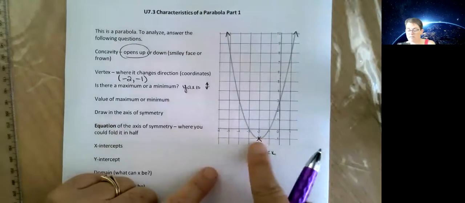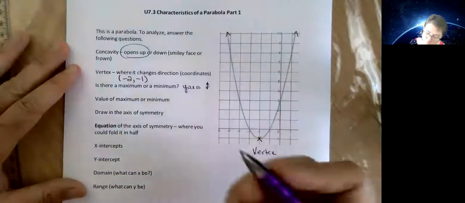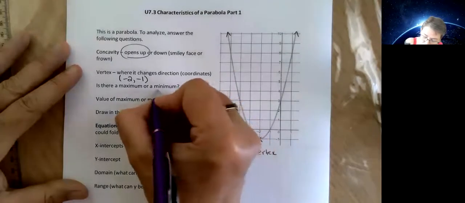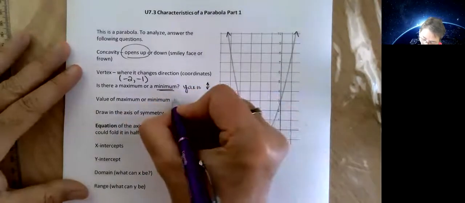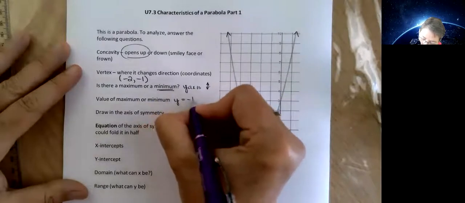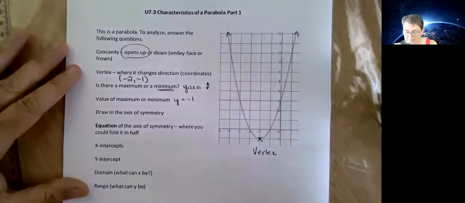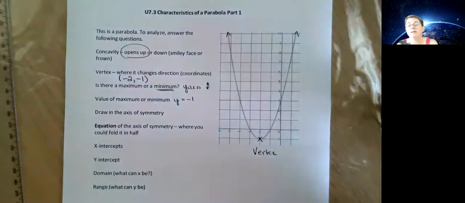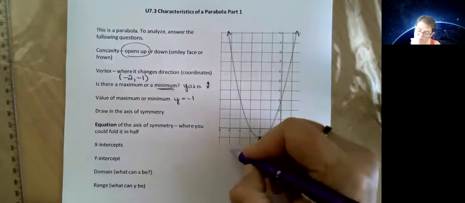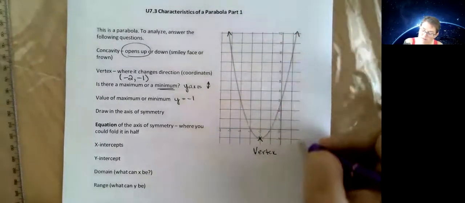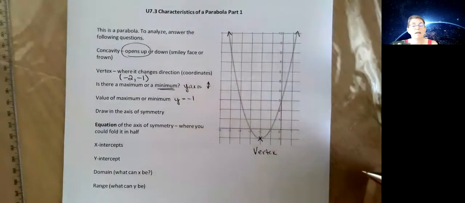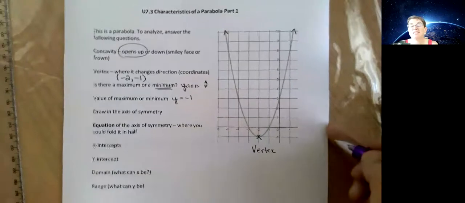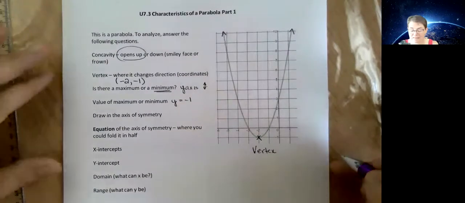The lowest this gets is -1. So that's a minimum. y is equal to -1. The value is always going to be y. It's going to say y equals something, and you just see how low it goes. If the parabola were to go this way, then you'd have a maximum. And I'm pretty sure the one on the next page or in the next video is like that.